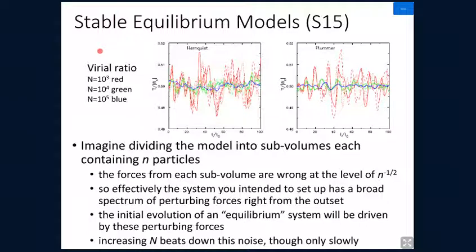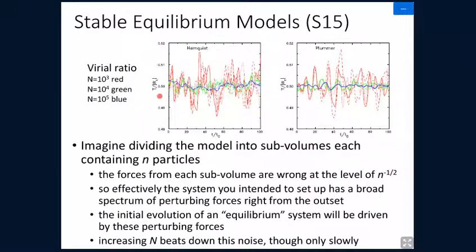You can set up simulations containing some numbers of particles that represent these models, and evolve them using the spherical or different methods of the N-body code. And what these figures are plotting is the value of the virial ratio, T over W, for those models measured from the particles.